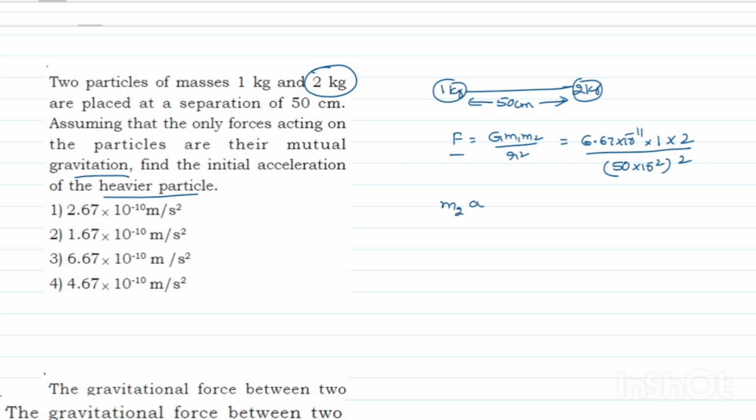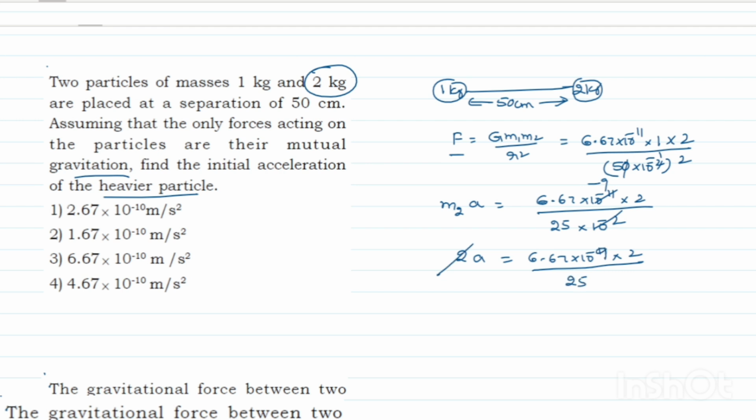Simplifying, 6.67 into 10 power minus 11 into 2 by 10 power minus 1, and 5 square, that is 25, into 10 power minus 2, and mass m2 is 2, so 2 into a equals 6.67 into 10 power minus 11 into 2 by 10 power minus 2 and 10 power minus 9, so it is 10 power minus 9 by 25, and this 2 gets cancelled.